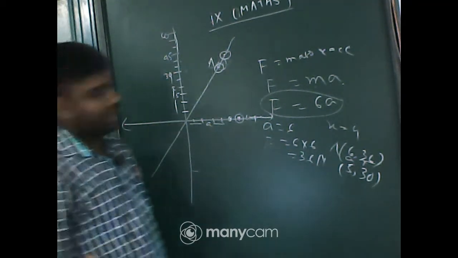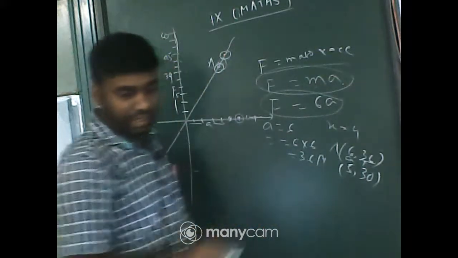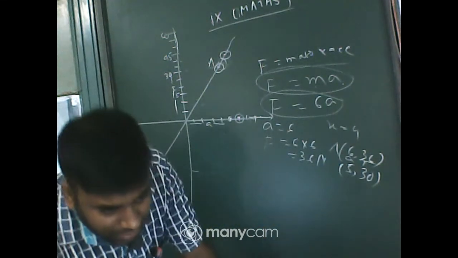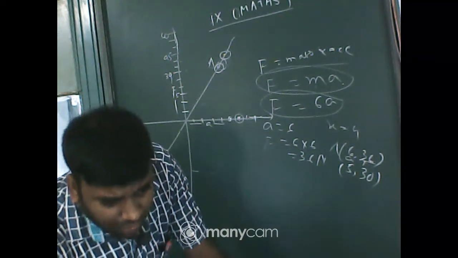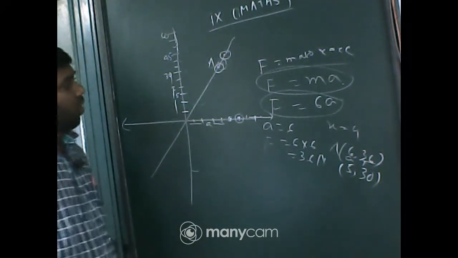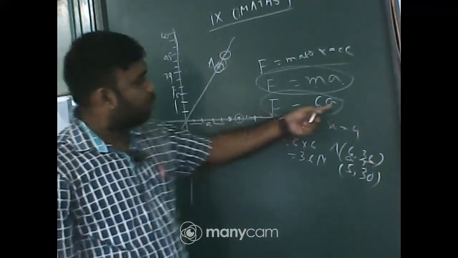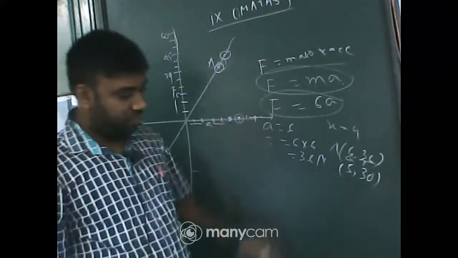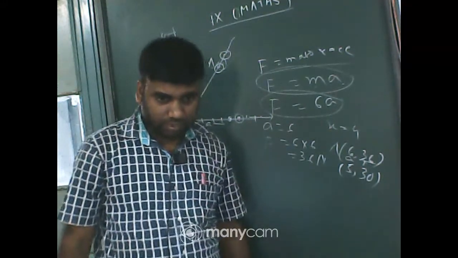That is the linear equation F equal to 6A. Got it, everyone? In the x-axis put A and in the y-axis put F. Any other question?